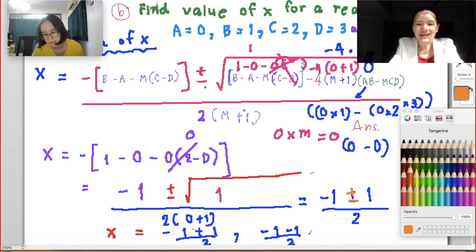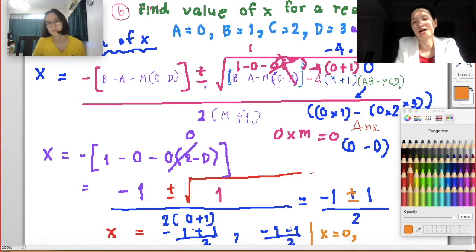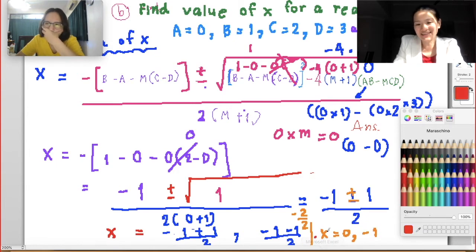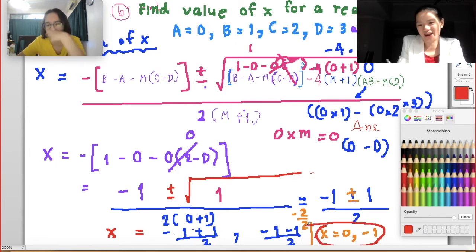Negative 1 plus 1 is 0. 0 over 2 is 0. And the other, negative 1 minus 1 is negative 2. Negative 2 over 2 is negative 1. And this is your answer for x.